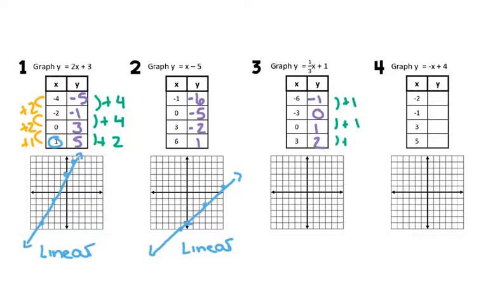So that means I definitely should have a straight line here. So -6, -1, -3, 0, 0, 1, and 3, 2. So we can see that formed a straight line. So this is linear.